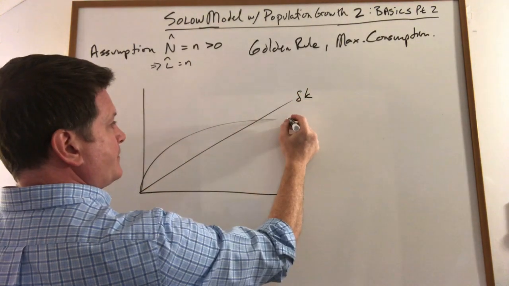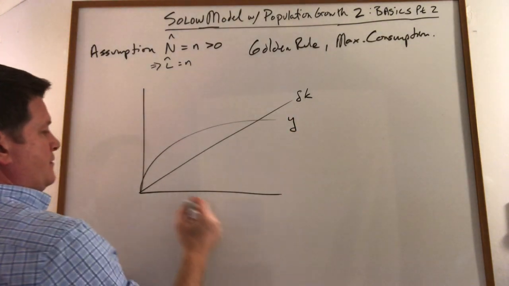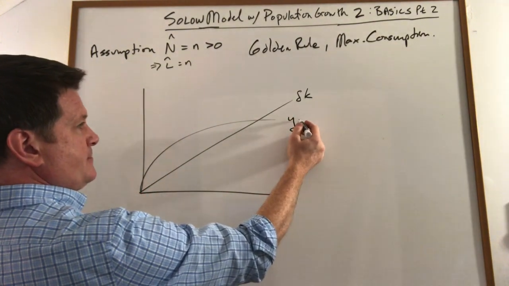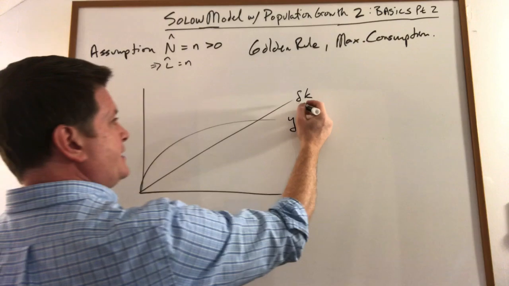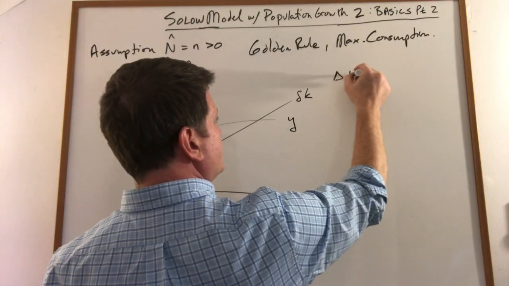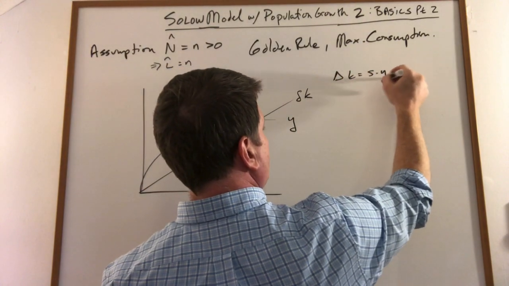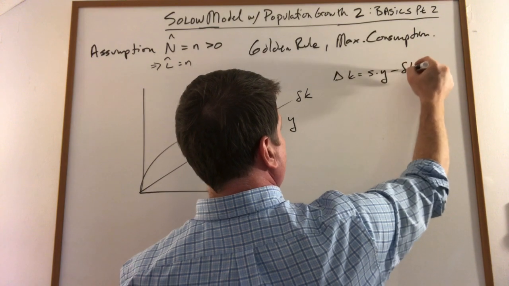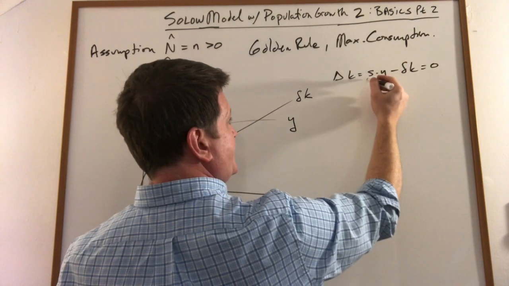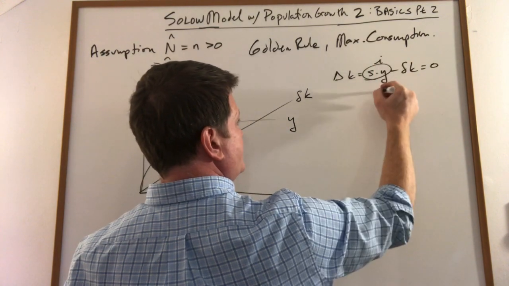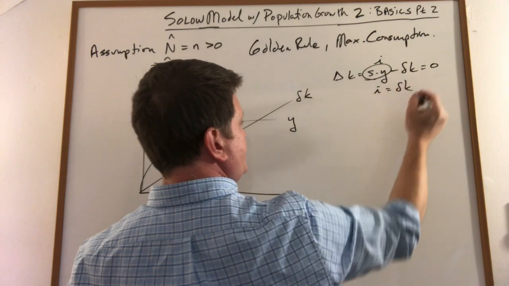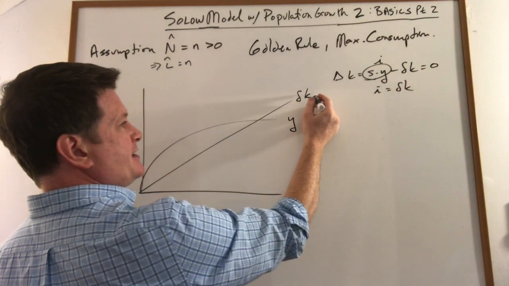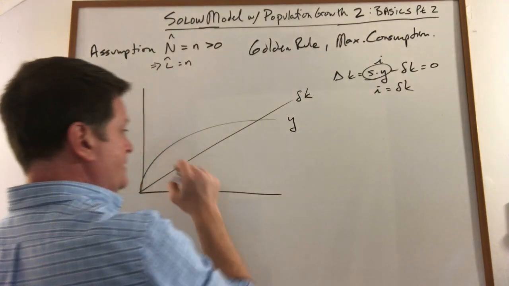So we saw in the basic Solow model that this was GDP, and in steady state, this, which is investment, is just equal to depreciation. So in steady state, this is also our investment line.